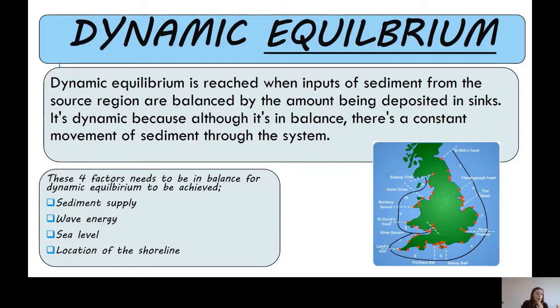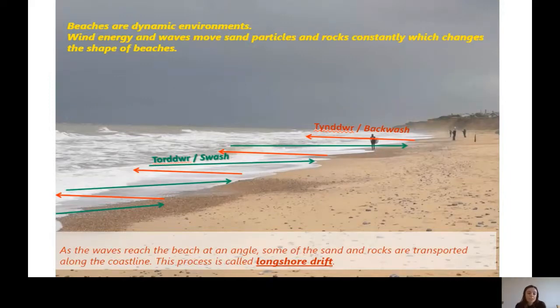Okay, right. You have here a picture of a beach. Beaches are dynamic features. What you'll be familiar with is how sediment is transported within the system. The main transport method is longshore drift.